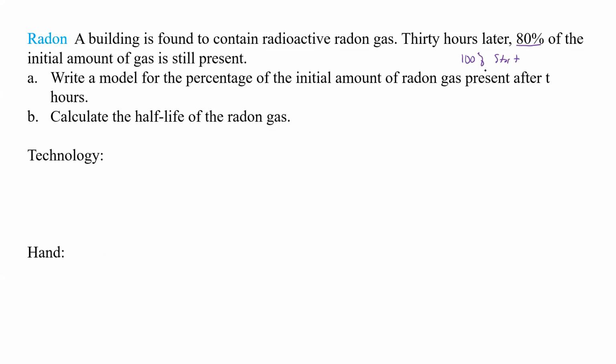And so we're going to plug in everything we have and go from there. So we're going to have 80% left. We started with 100%. And then we're looking for b, and how long was it? 30 hours later. It's b to the 30, okay?